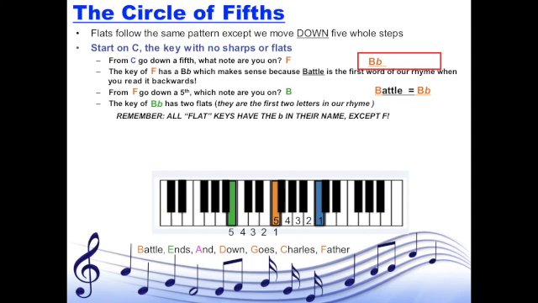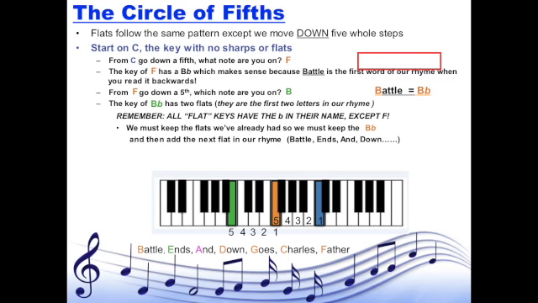So there's 2 flats, and these 2 flats have to be the first 2 letters in our rhyme. So we've got to keep the ones we've already had. We got to keep the B flat. We're going to add the next flat in our rhyme. So we've got the battle, we're going to add in the ends, we're going to add in the E flat, and then continue doing the same thing.